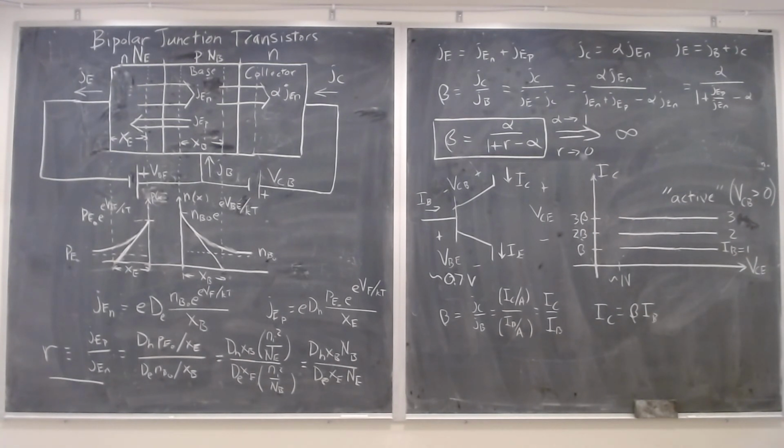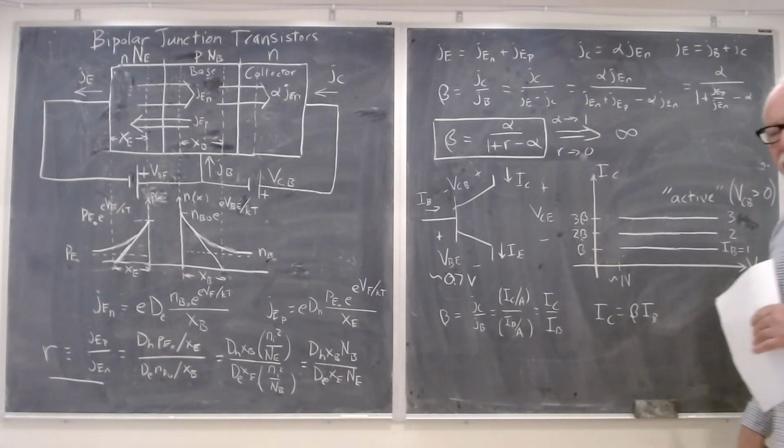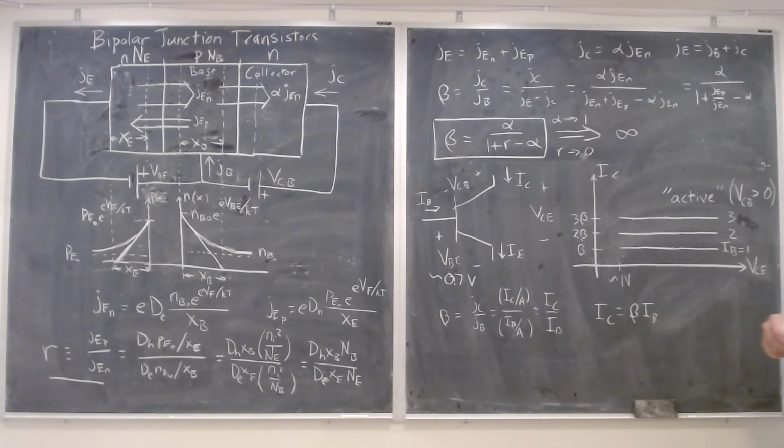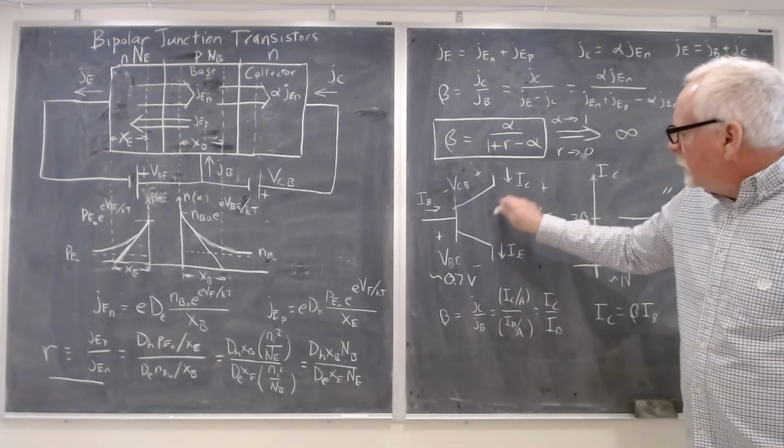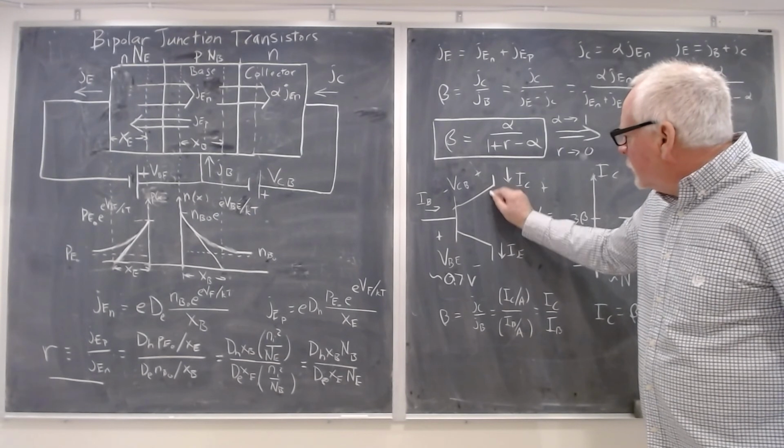Now, I just wanted to make one final remark in this lecture, which I remember when I first started learning about this device, it confused me. Because, and you might have had a circuit class where you use this transistor. By the way, I didn't complete this because this is NPN.